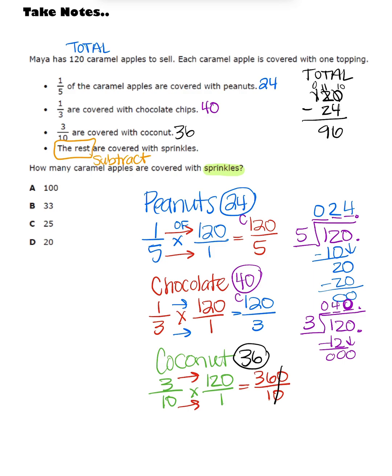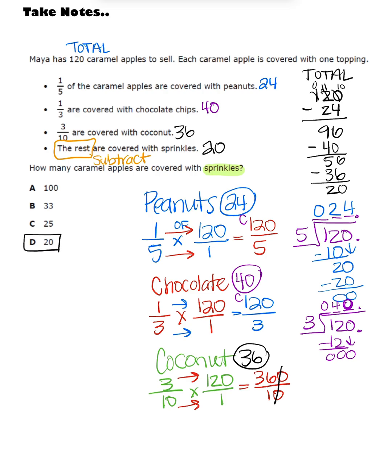After I take away the peanuts, there's 96. Let's take away the chocolate chips. Now there's 56. Let's take away the coconut. Now there's 20. So the rest is that 20, and that's D.